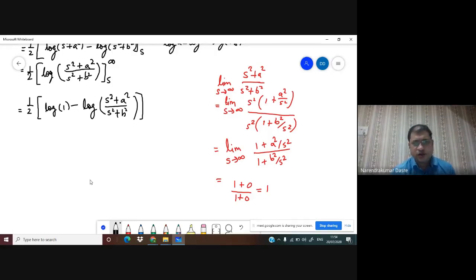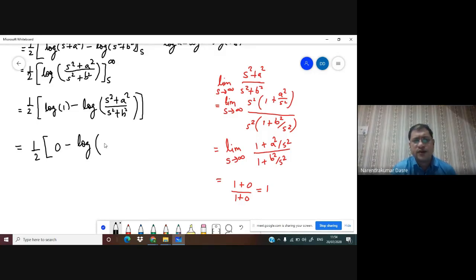So if you write straightforward log of infinity in this step, then you may be trapped into a problem. But if you simplify this properly, then definitely you are going to get the answer. So here we'll get half of log of 1, which is going to be 0.